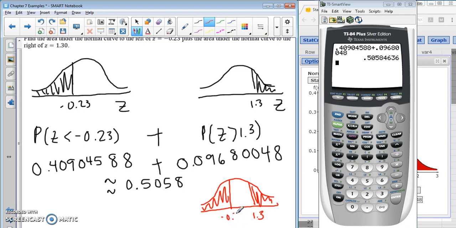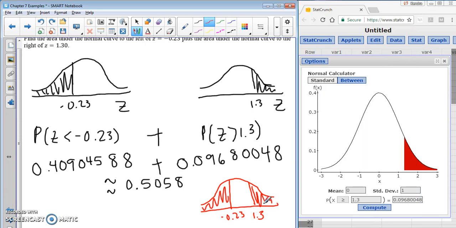Right, we know that StatCrunch will only do between, right? So we know that everything under that curve must be 1, right? So if we think about actually finding this blue region that I just marked, so what's between those two, then we can actually do 1 minus this blue region to give us that area.